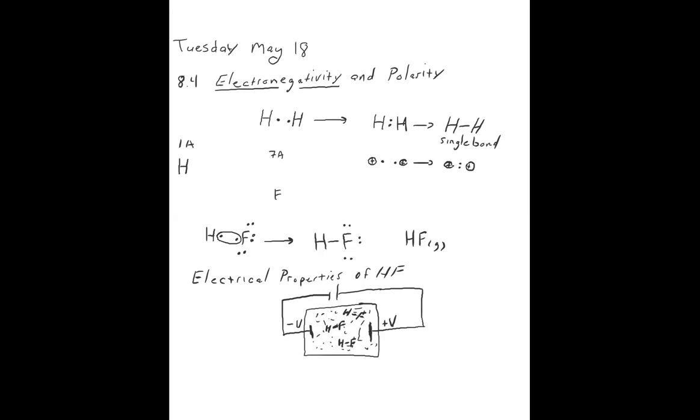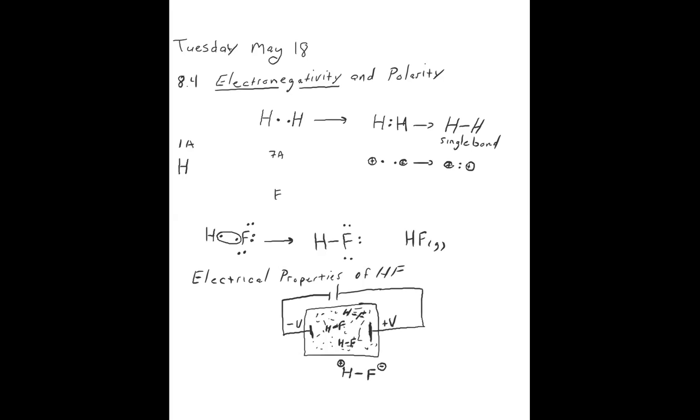The reason that it orients itself in the direction that it does is that there is, at the atomic level, a negative charge associated with the fluorine atom. It's negatively charged. And the hydrogen is equally positively charged. So there's a positive charge associated with the hydrogen atom.